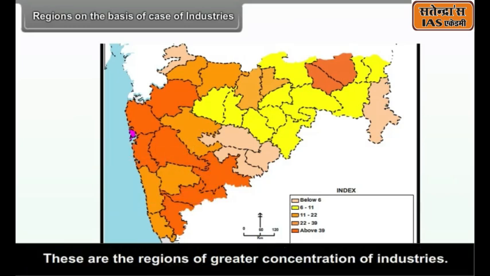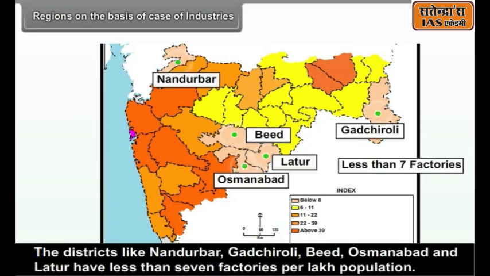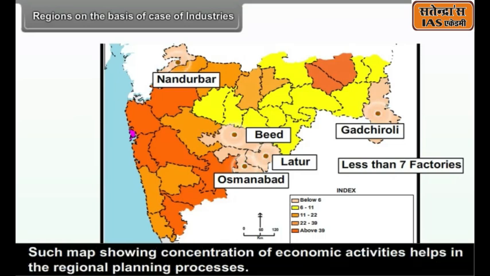These are the regions of greater concentration of industries. The districts like Nandurbar, Gadchiroli, Bir, Osmanabad and Latur have less than 7 factories per lakh population. Such maps showing concentration of economic activities help in the regional planning processes.